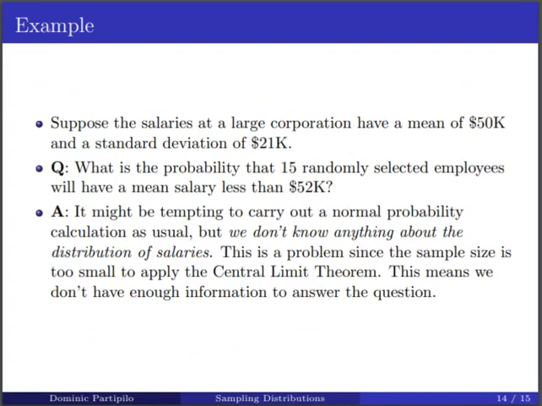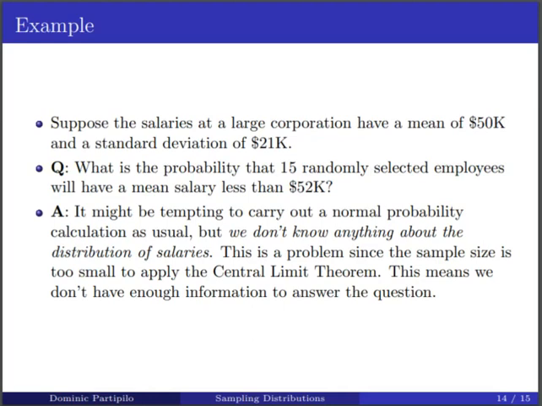So here's another example. Let's say the salaries at a large corporation have a mean of $50,000 and a standard deviation of $21,000. So what's the probability that 15 randomly selected employees will have a mean salary less than $52,000?